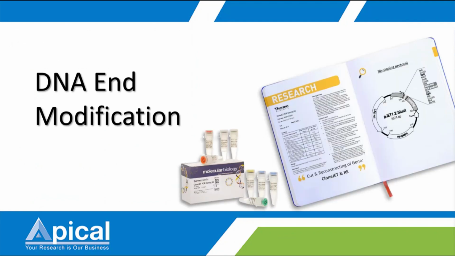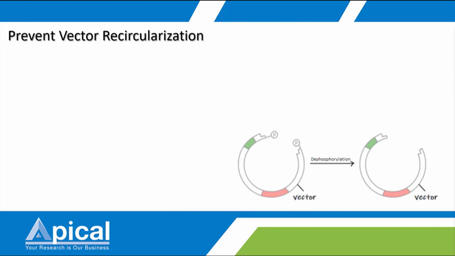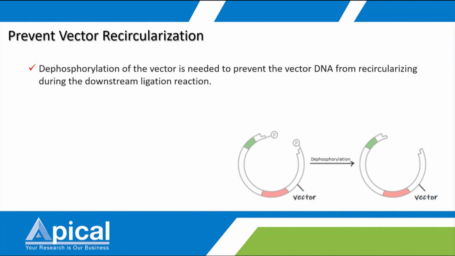You need to prepare your vector also. For the vector, first we need to prevent the vector from recircularization. Vectors are usually open, so sometimes they will recircularize. For this purpose, you need to dephosphorylate the vector DNA.